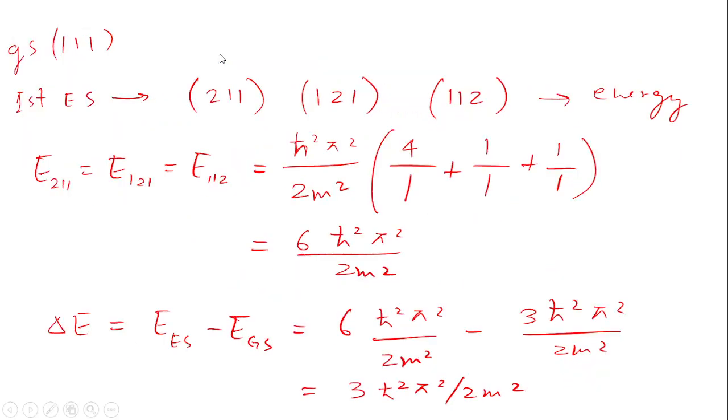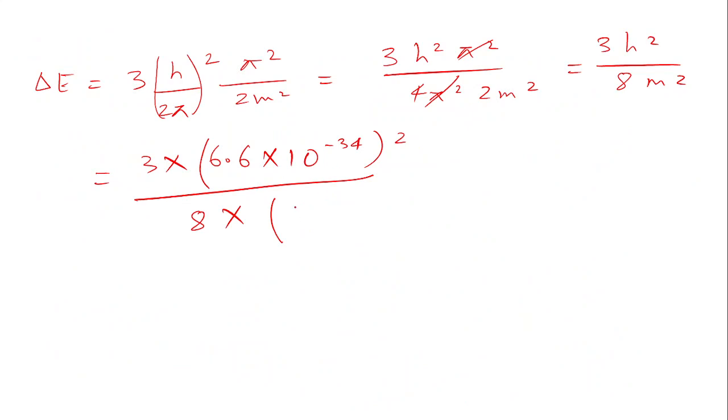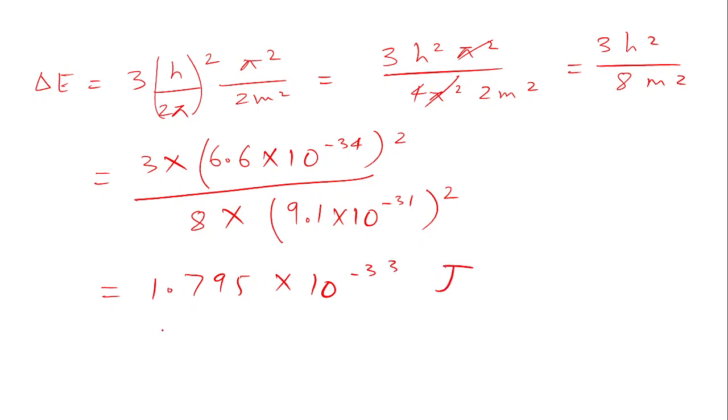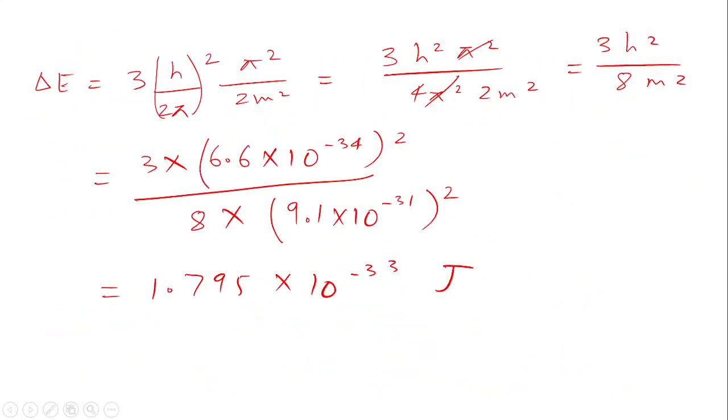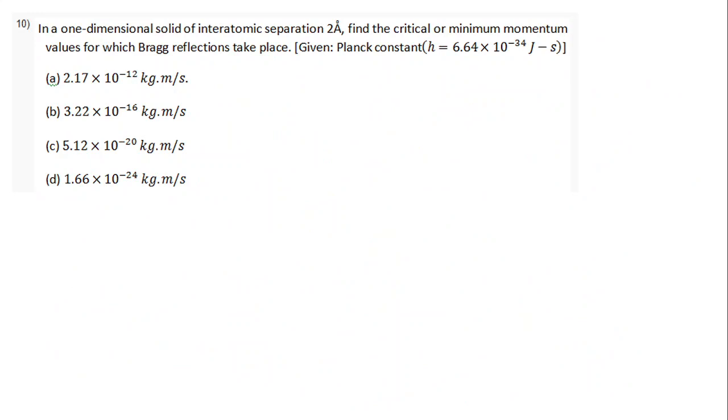So mass will be 9.1 times 10 to the power minus 31 and square of that also. And when we do this calculation, we see the answer is 1.795 times 10 to the power minus 33 joule. So the energy difference is this, and the correct answer is option A.